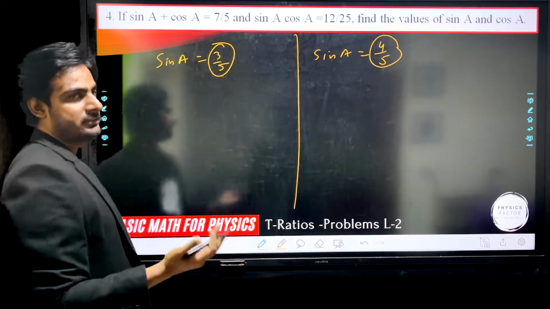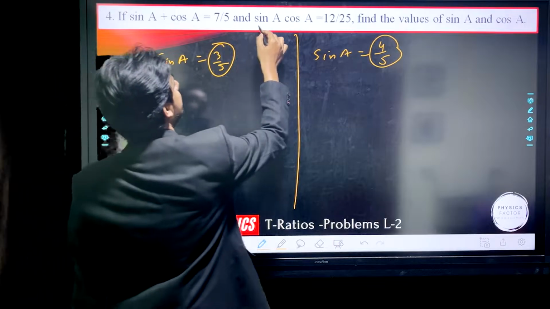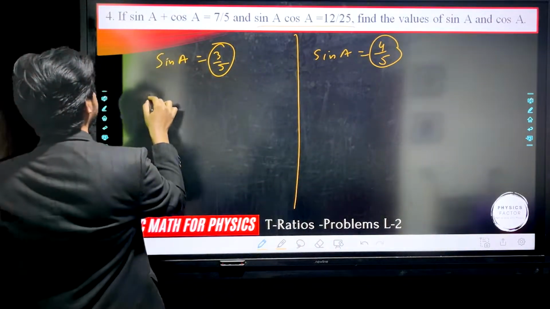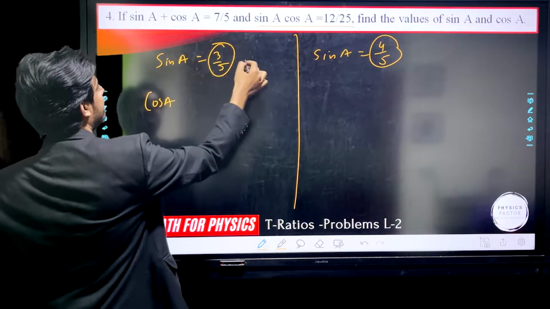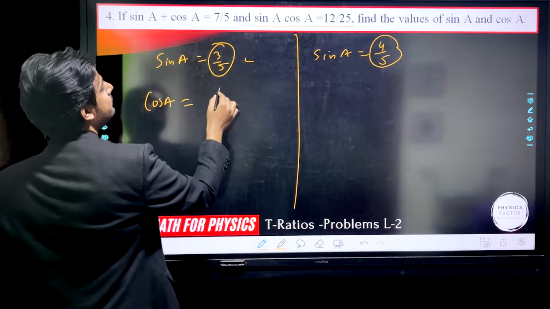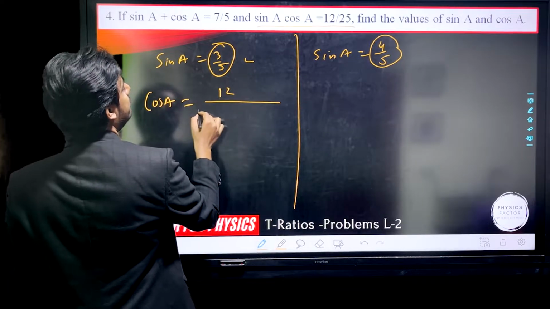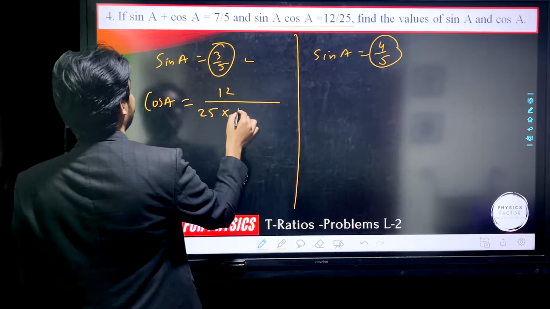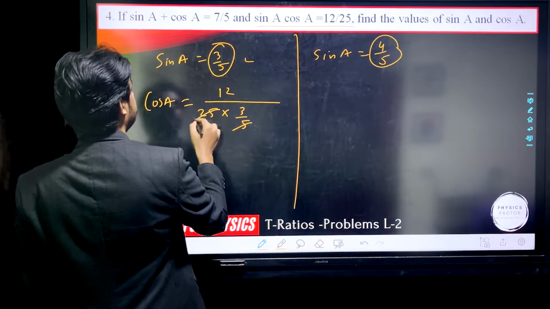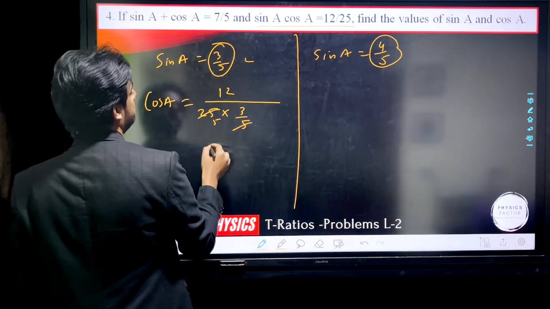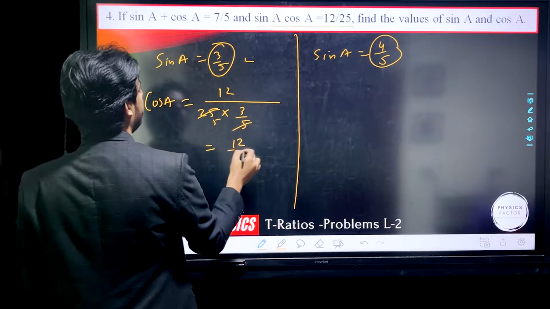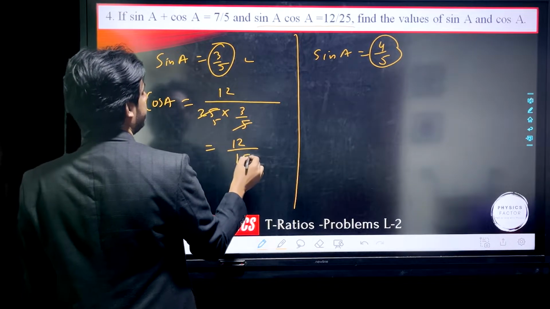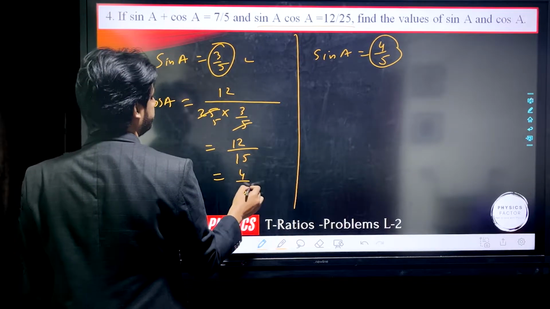Sine A we got, cos A we need. So we use this equation to find the value of cos A. Cos A equals 12 upon 25 into sine A, which is 3 by 5, so 12 upon 15, so 4 by 5.